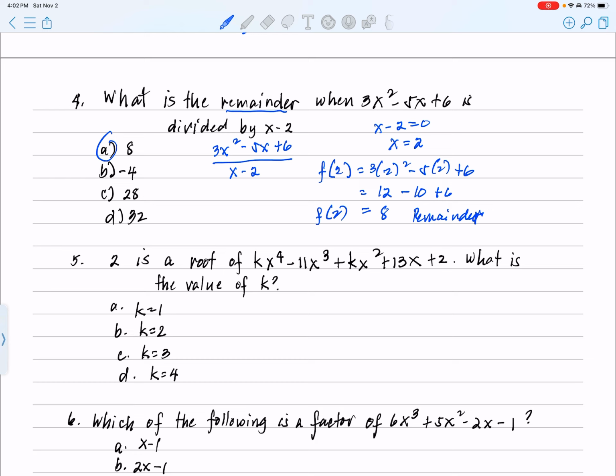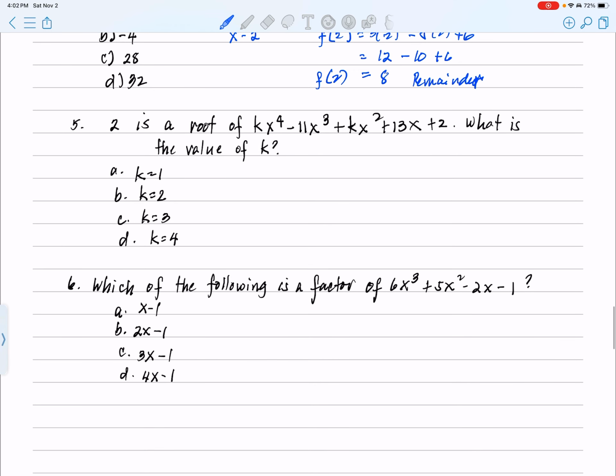Okay, number 2. 2 is a root of k x to the 4th minus 11 x cubed plus k x squared plus 13x plus 2. What is the value of k? How about this: 2 is a root.